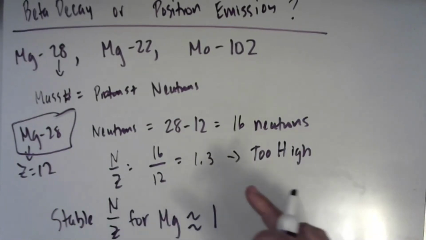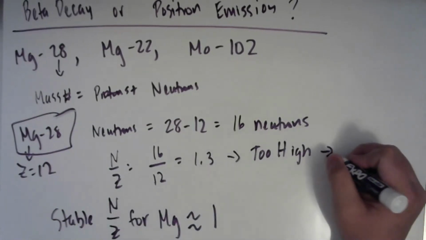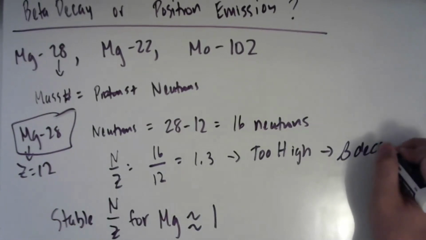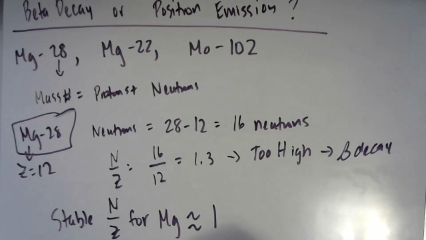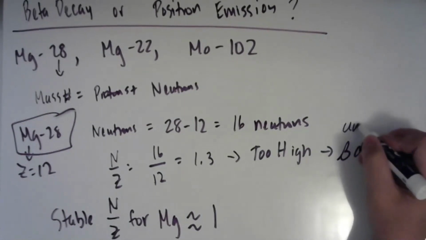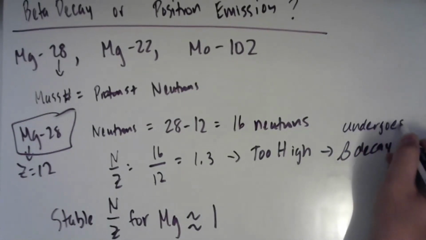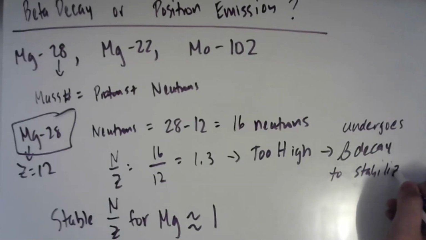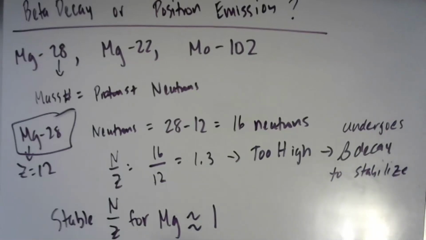If your N to Z ratio is too high, that means that magnesium 28 is going to undergo beta decay to stabilize, because beta decay is going to decrease our neutron value and increase our proton value. And that'll get it closer to this value of 1.